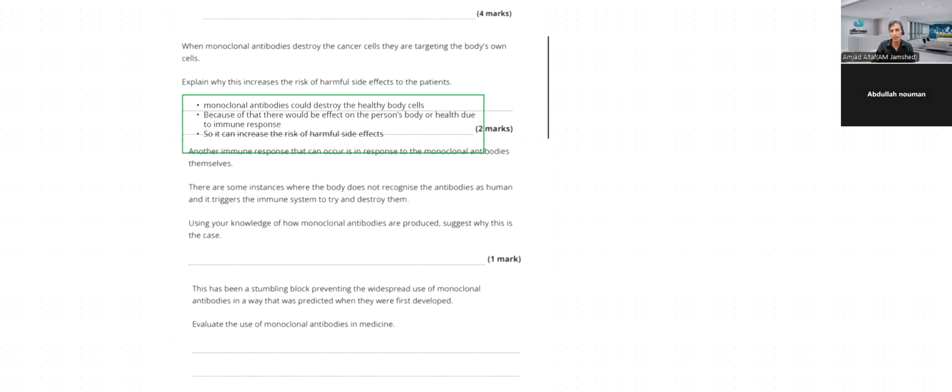So all the allergic reactions, infections, organ toxicity, immune overreactions, resistance, all of this is because of this factor. There are some instances where the body does not recognize the antibodies as human, and it triggers the immune system to try to destroy them. Using your knowledge of how monoclonal antibodies are produced, suggest why this is the case.